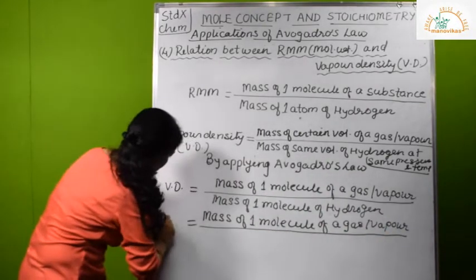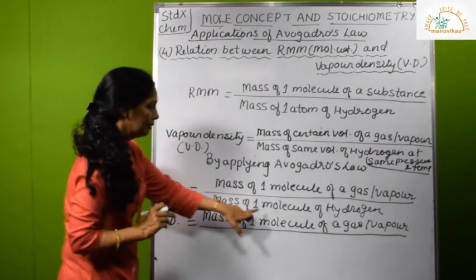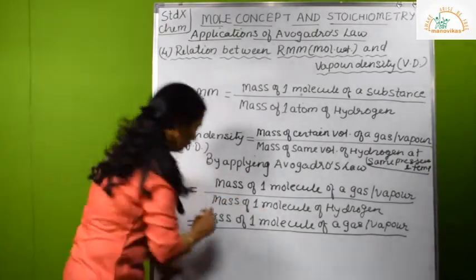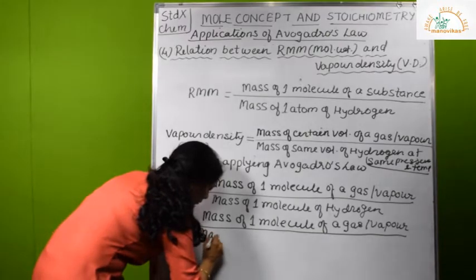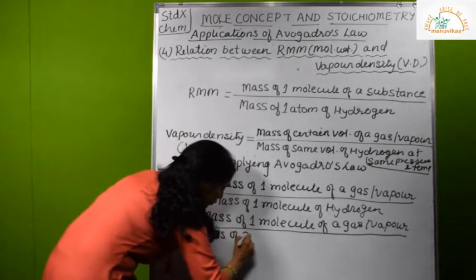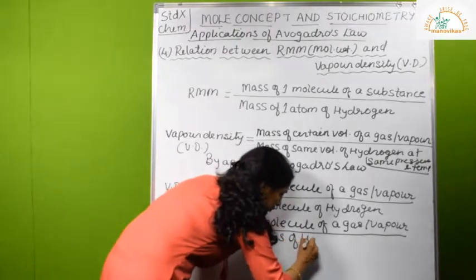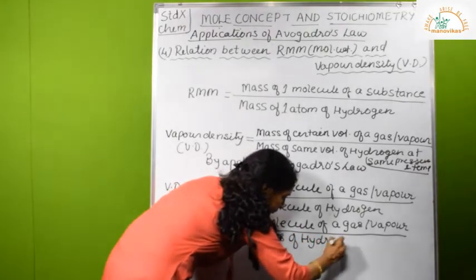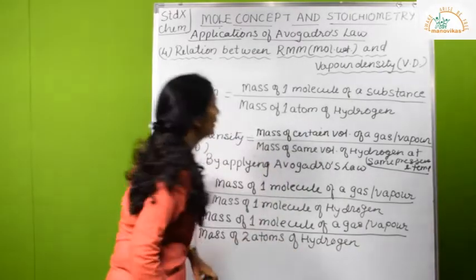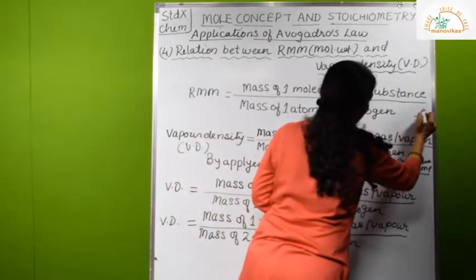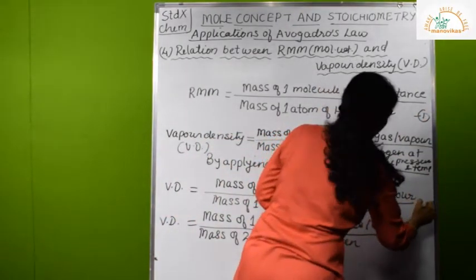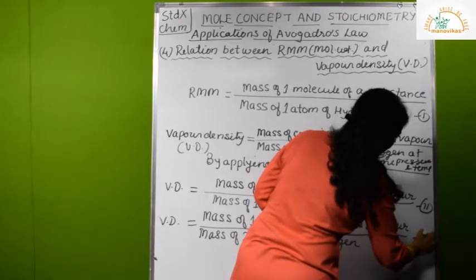Vapor density is equal to, since one molecule of hydrogen has 2 atoms, mass of 2 atoms of hydrogen. Let us take this as 1, this as 2 and this as 3.